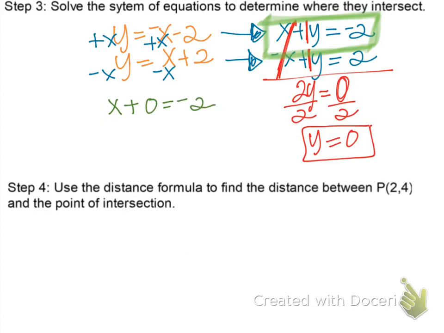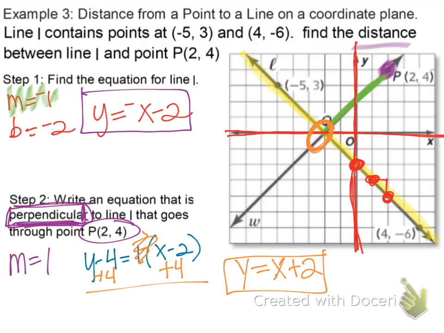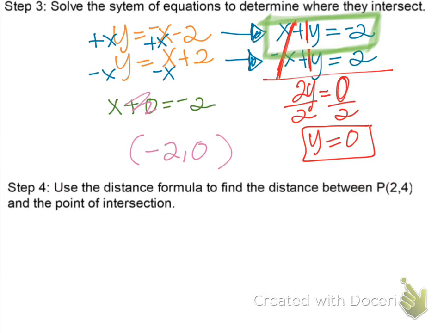That 0 doesn't matter there, so x equals -2. So our solution, which is where they intersect, would be (-2, 0). If I check where that was on the graph, where I circled in orange, that is at (-2, 0). So yes, could we have seen that from the graph? We could have, but we're not always going to have that graph.